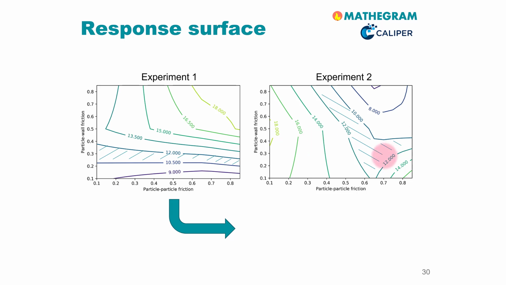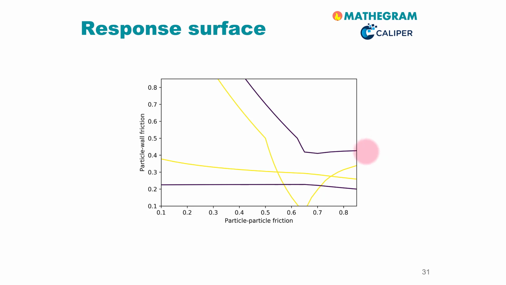And now the magic happens. If we now combine the response surfaces from experiment 1 and from experiment 2, we can simply intersect those two regions that are quantified by this yellow and violet line and identify the region of the friction coefficients that give for both experiments the right answer.